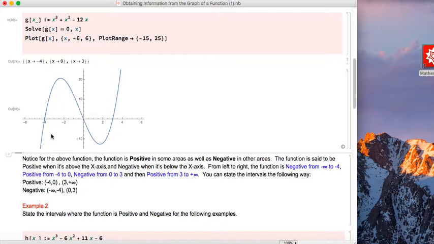The function is said to be positive when it's above the x-axis. So the interval for the positive parts are from negative infinity to 0 and 3 to infinity. When the function is negative, it's from negative infinity to -4, which is this part of the graph, and this part of the graph is from 0 to 3.